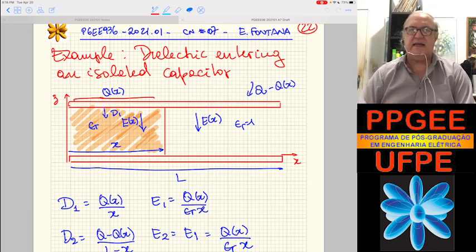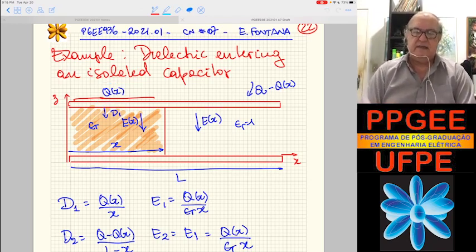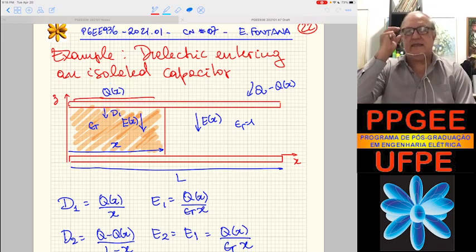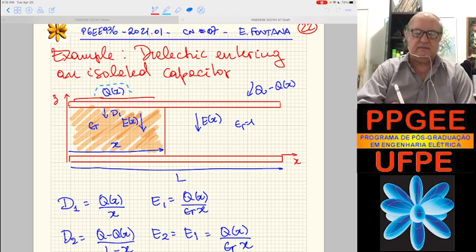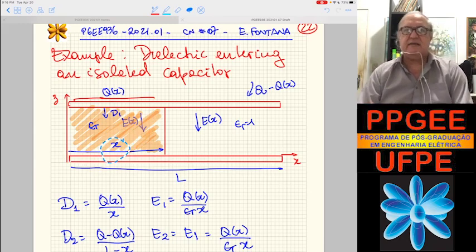We can imagine that, again, for a given configuration, this is uniformly distributed. Okay? Then we have the field. Again, the field is the same on both sides, but now the field depends on how deep the dielectric enters the system.